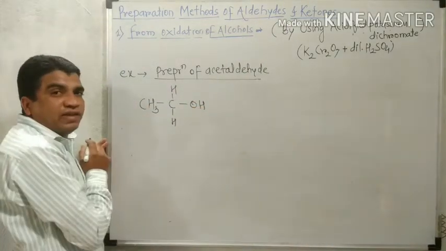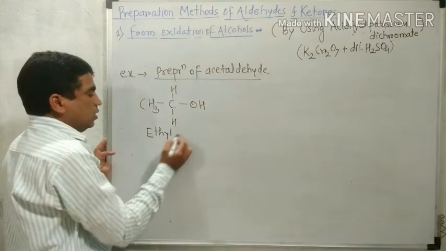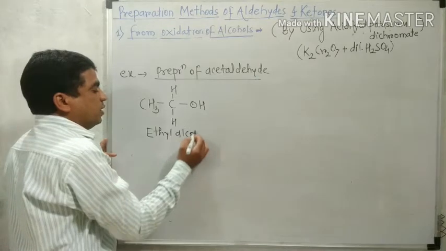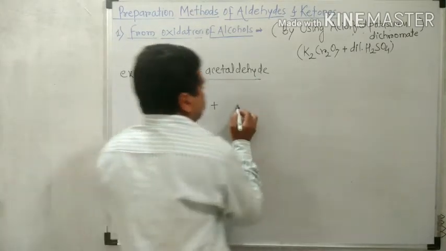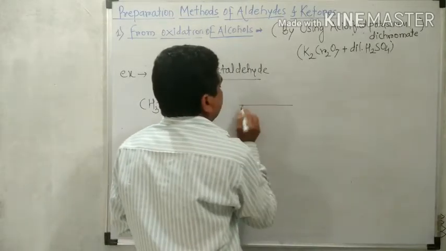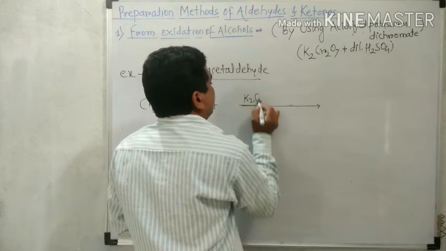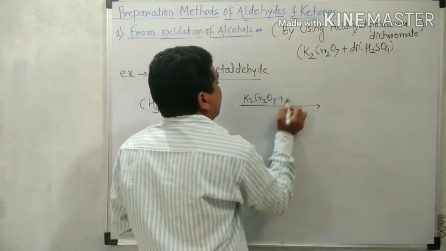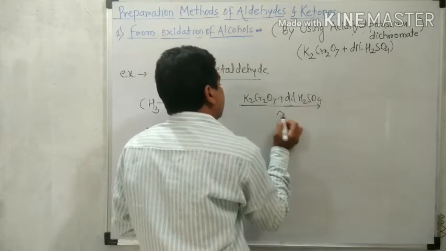We know that. What is CH3CH2OH? This is ethyl alcohol, another example of a primary alcohol, which also undergoes oxidation using acidified K2Cr2O7 and dilute H2SO4, like the previous reaction.